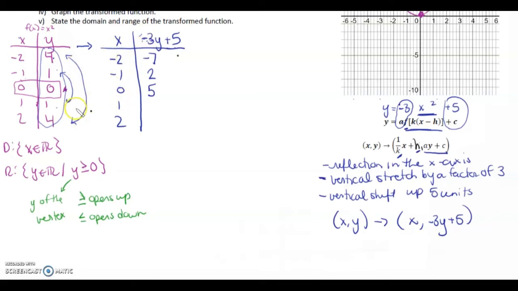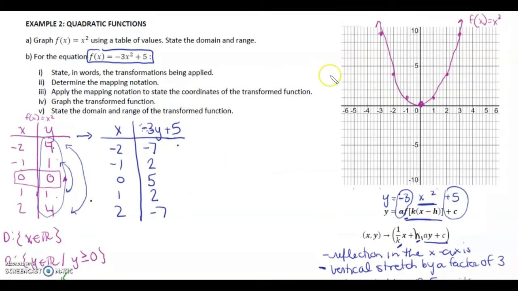So negative 3 times 1 is negative 3, plus 5 is 2, and then negative 3 times 4 is negative 12, plus 5 is negative 7. So let's go ahead and graph that. So (-2, -7), (-1, 2), (0, 5), (1, 2), (2, -7).